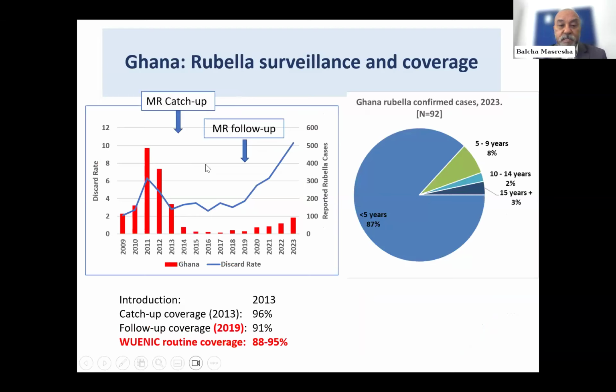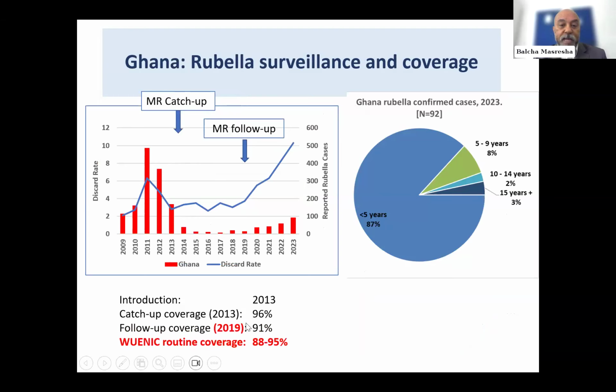In the case of Ghana, similar picture with a significant reduction following the catch-up campaign that they did in 2013. However, throughout the years, there has been a gradual increase in the number of rubella cases, mainly because the campaigns were very widely spaced out.